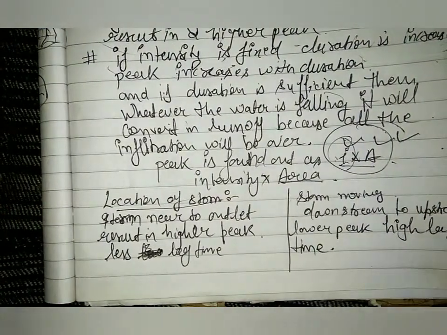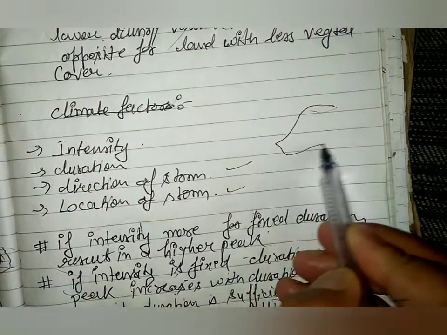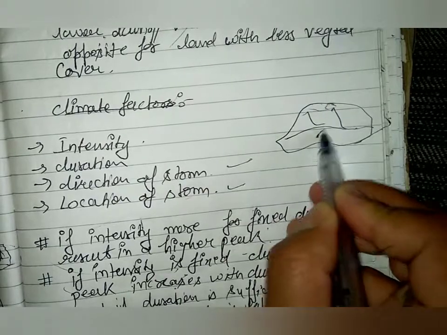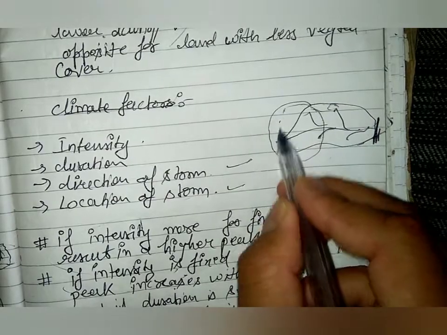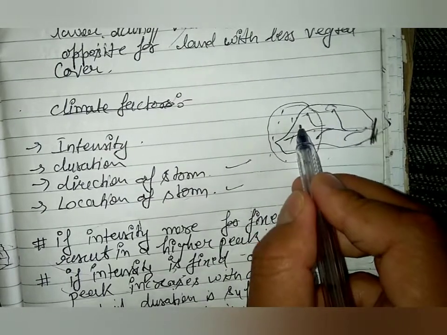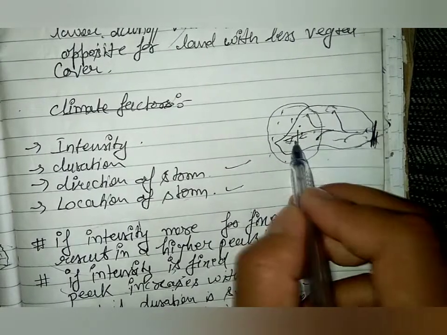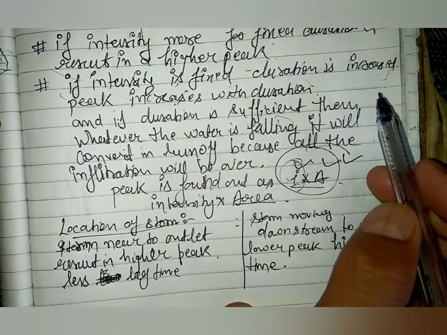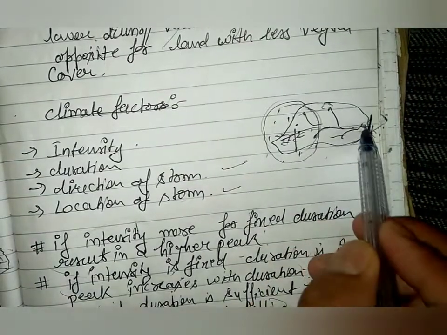Now the last one is the location of the storm. As I discussed, if this is your catchment, and this is the stream, and these are the contributing streams, and this is the outlet point, and the location of your storm is here, for instance, then the water will take time to reach the outlet point, so there will be a time lag, and it will result in lower peak values if the location of the storm is far from the outlet point.